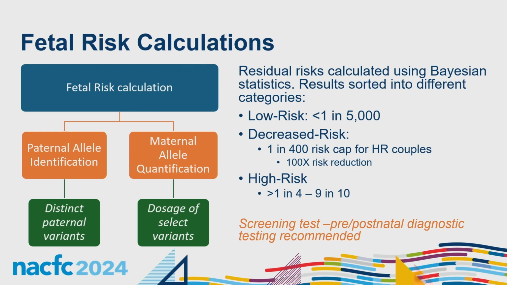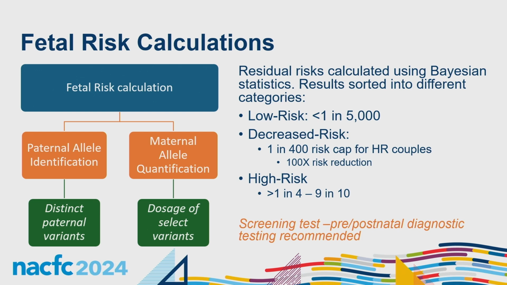So the idea would be if mom is an F508 carrier and we do our single gene NIPT assay, and let's say we find an R117H, we know that didn't come from our maternal carrier because we've done her carrier screening. She doesn't have R117H. So that is a distinct paternal variant that is very likely coming from those placental cells and very likely representing the fetus.